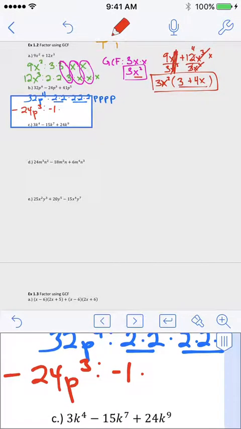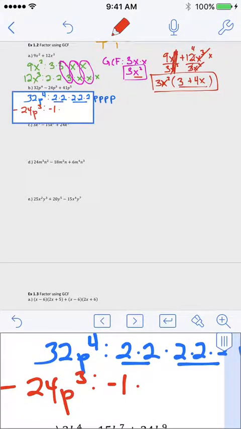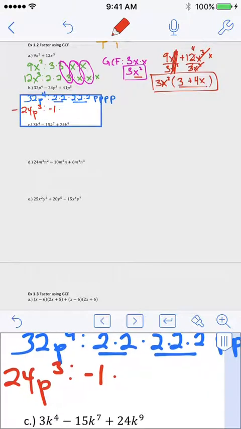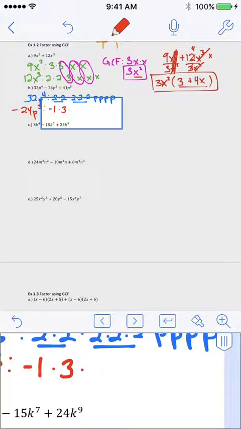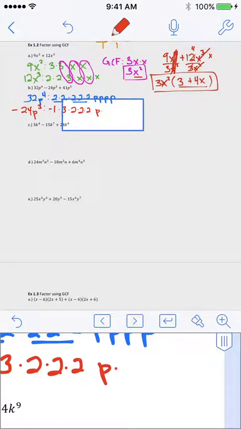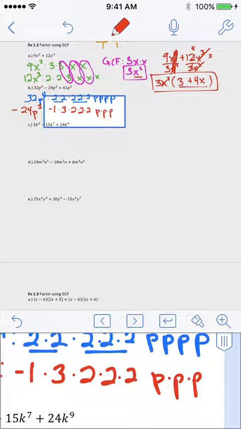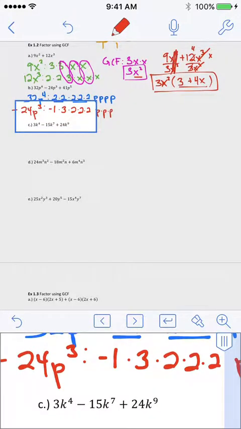You see how that worked? I kind of pulled out the negative 1, just like I pulled out all the 2's. Now I'll break down positive 24 because that's going to be a lot easier. 24 breaks down into 3 and 8. Well, 3 is prime, but 8 we just saw is 2 times 2 times 2. And then I have 3 p's. P, P, P.